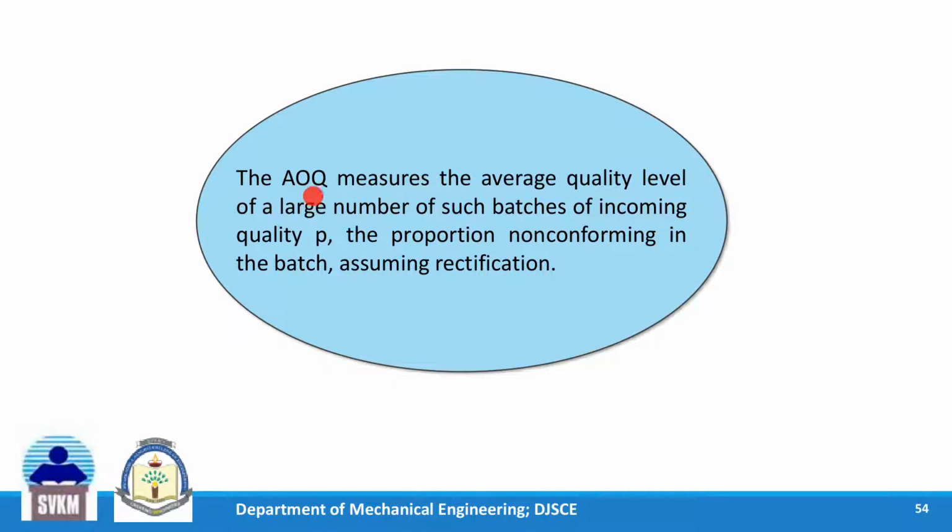AOQ is this term which will give you the average of the outgoing quality after rectification only. Then, after comparison of various sampling plans, that plan which has the minimum average outgoing quality, that is the minimum outgoing fraction defective, is considered a good plan.